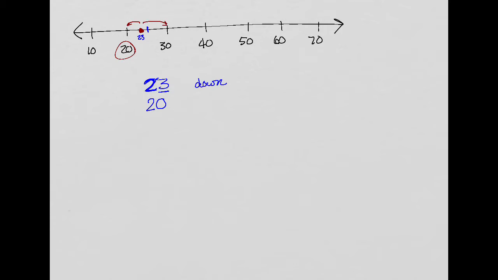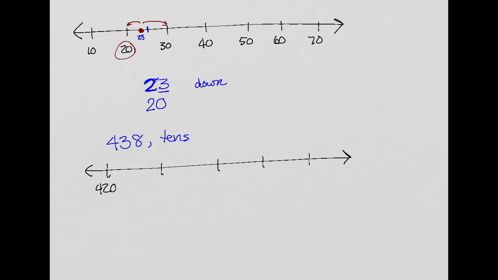So another one, let's say I have the number 438, and I want to round to the tens place. Counting by tens on my number line this time because it's the tens place, just like I did on the last one. But here, let's say this is 420, 430, 440.